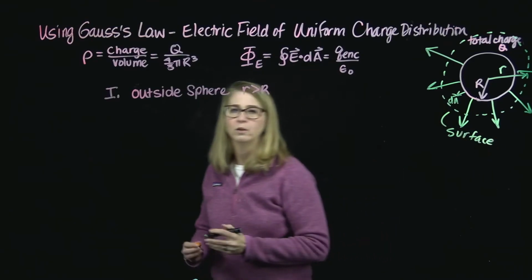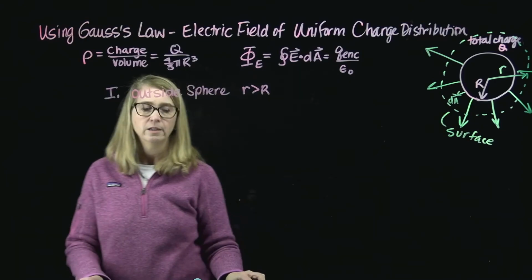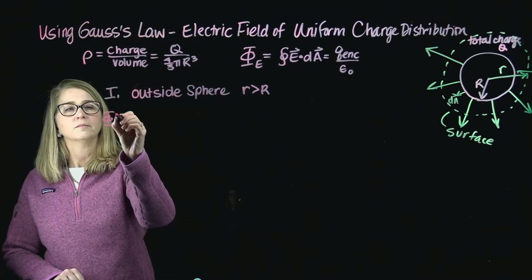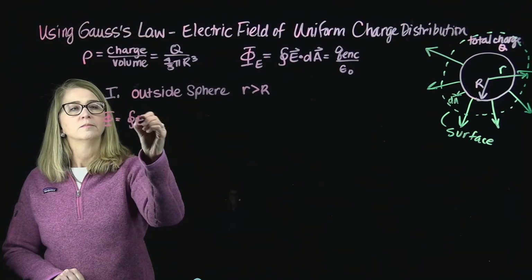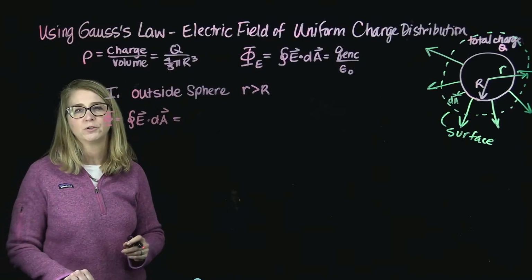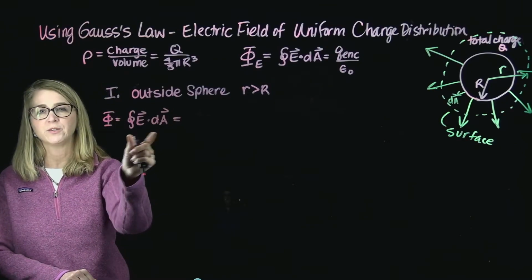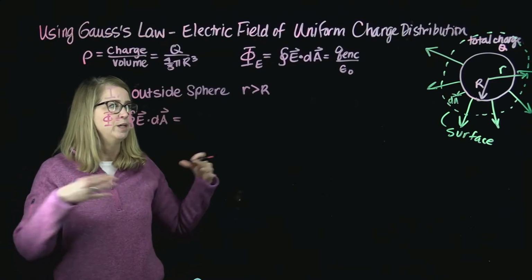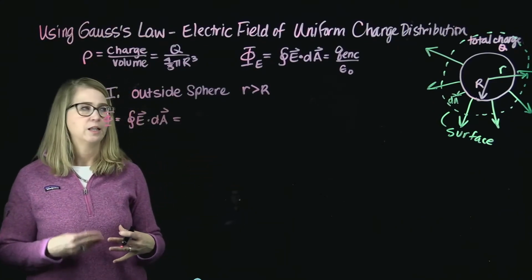And now we're going to work with Gauss's law. And we're going to gradually be able to simplify this piece of it using some of the facts that we see. So the bigger arrows, I said, represented the electric field.